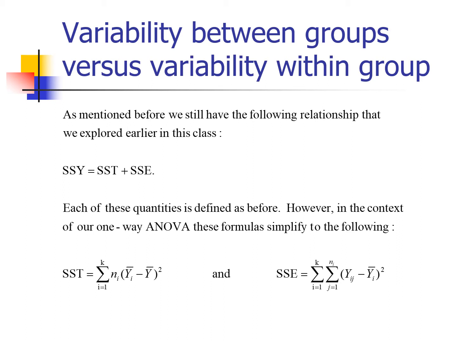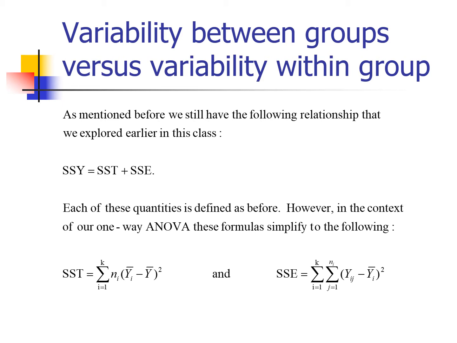That is essentially the variability between the groups. And then the SSE is the variability within the groups, the variability of the actual observations, Yij, around their group mean, Yi bar.